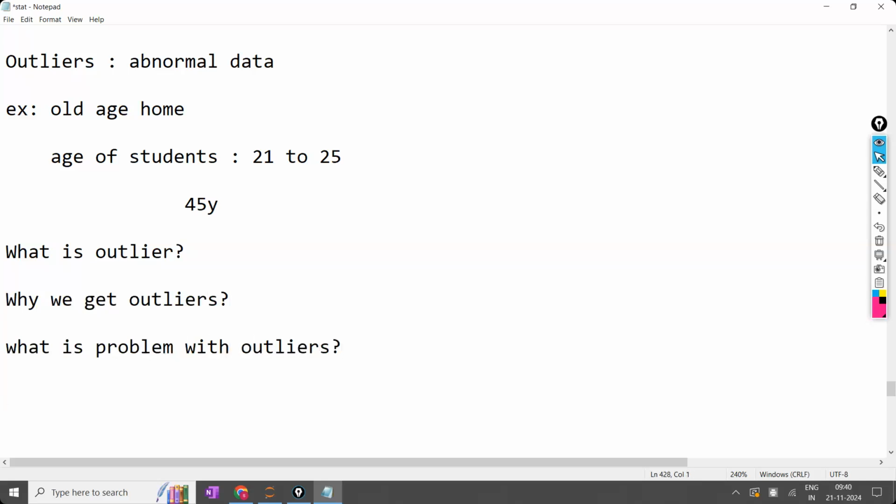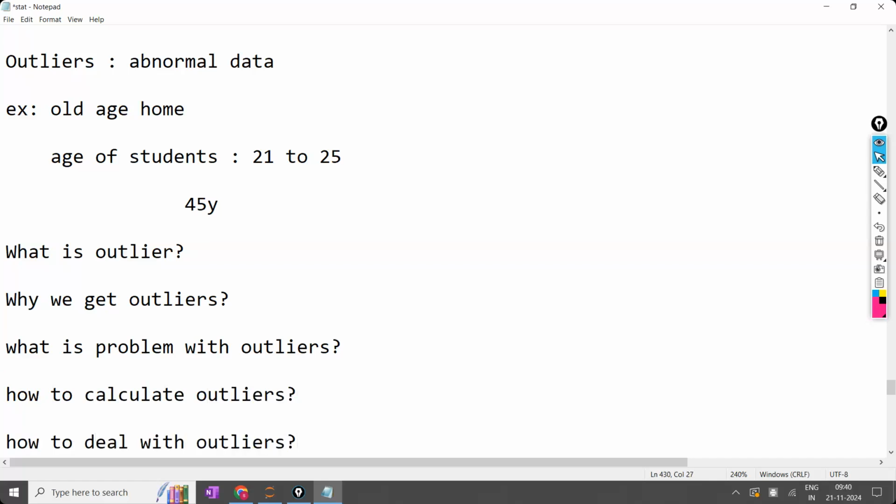Next one is how to calculate outliers. Next one is how to deal with outliers. So these are the 5 different questions.